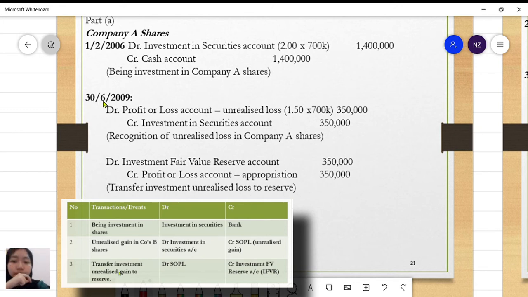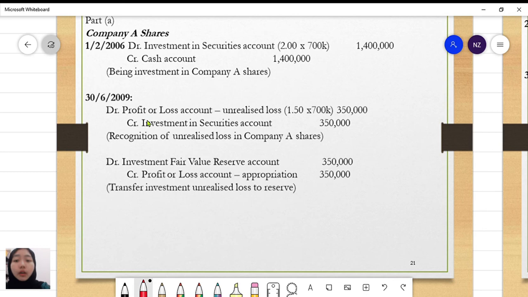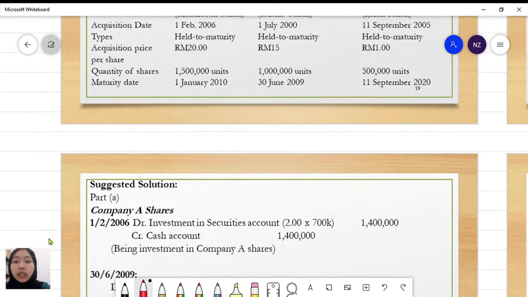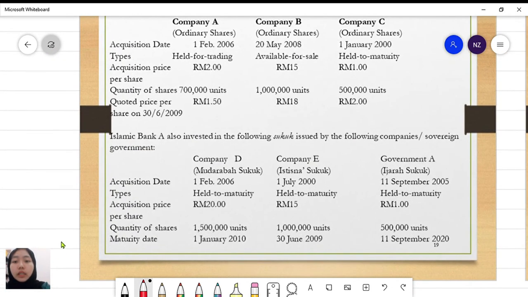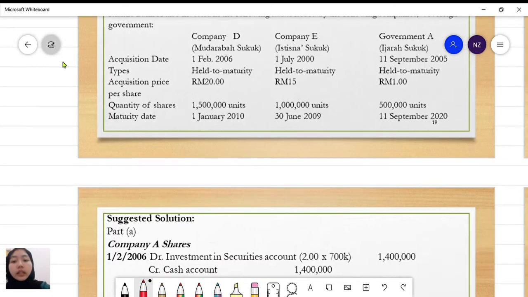So let's record the unrealized gain first. But for company A shares, it did not get a gain, it got a loss. How do we know it got a loss? Look at the price, from RM2 to RM1.50. There is a decrease in the quoted share price there. So when there is a decrease, we know there is a loss.